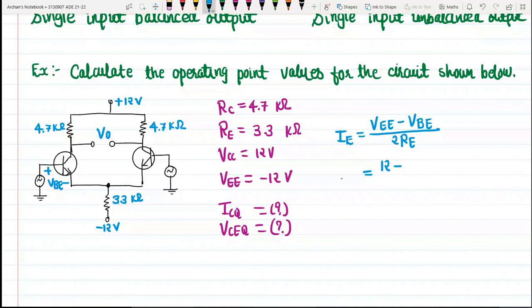There are very rare applications where you will find semiconductor devices made up of germanium, right? So we will consider VBE according to silicon, and that is equal to 0.7, divided by 2 times RE. RE is given to you as 3.3 kilo ohm.